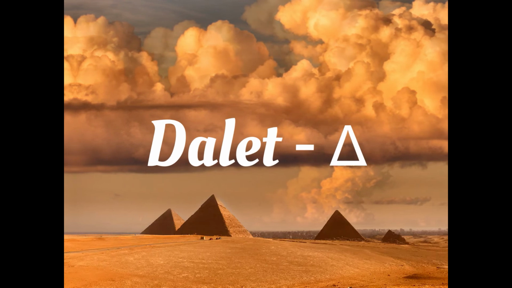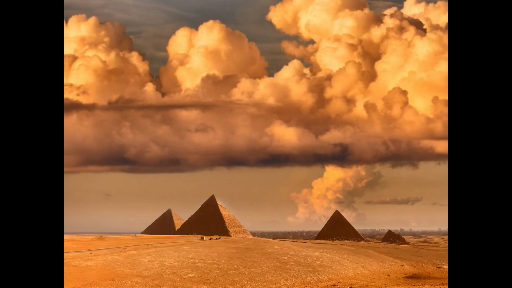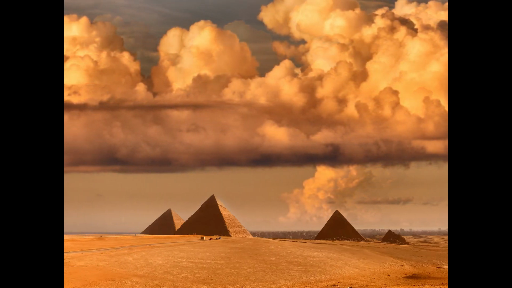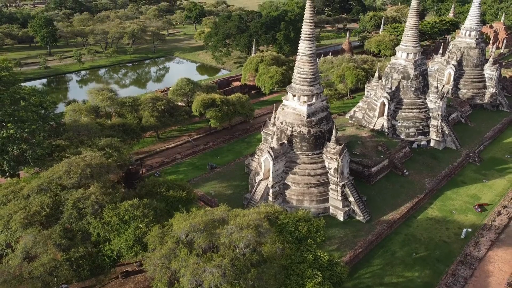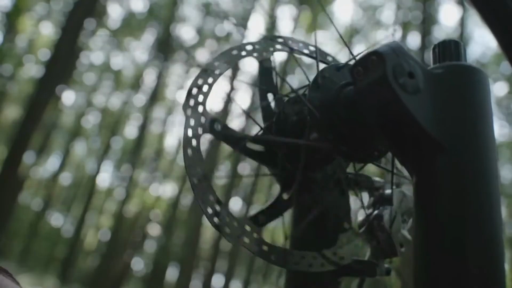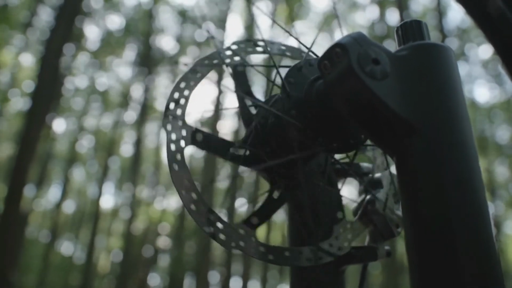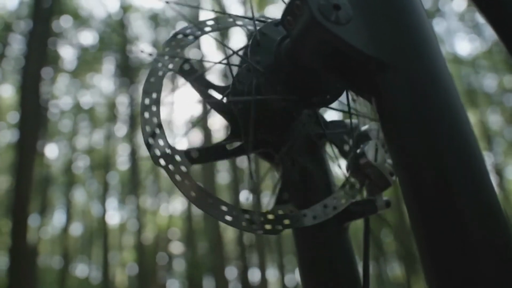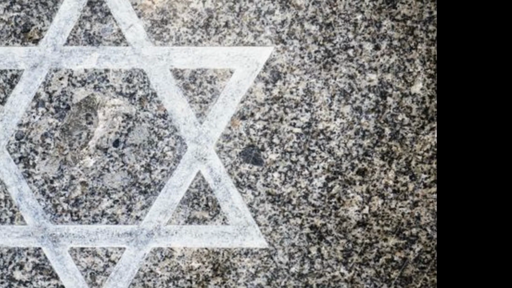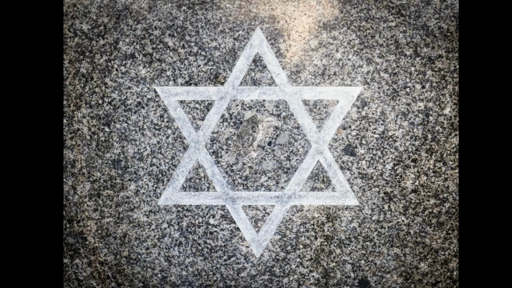The letter Daled, I'm explaining how it became the delta sign, the number 4, related to the construction of great temples in Mesopotamia, the pyramids, to measurements, to the invention of the potter's wheel, the carriage wheel, and the nomadic life that completely changed after this invention more than 5,000 years ago, and how it is all related to the Star of David symbol, which has to do also with the letter David, letter Daled.